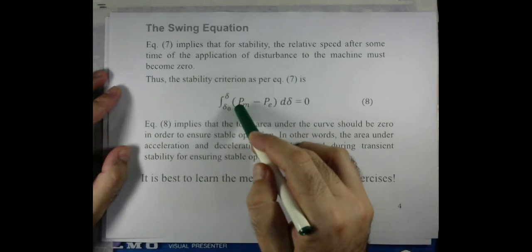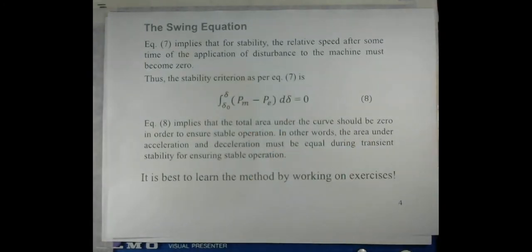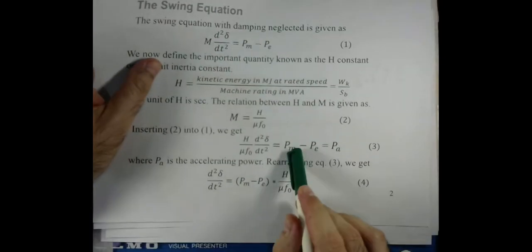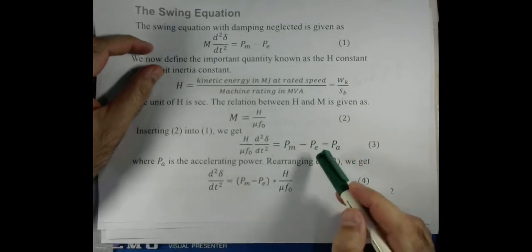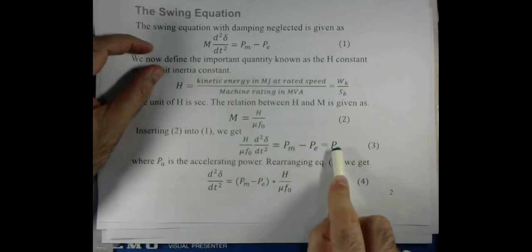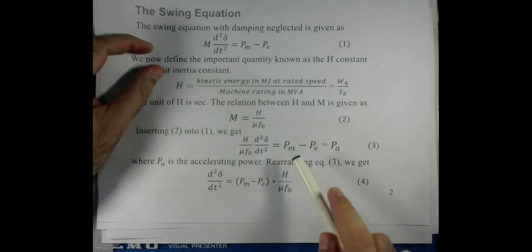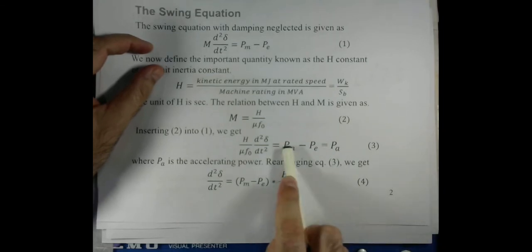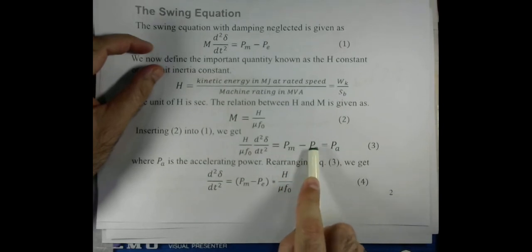Either we increase the mechanical power, that will lead to a change in the angle, as we have discussed. Or if there is a decrease in the electrical power, due to a fault, or a sudden decrease in the load, there will always be acceleration power. So either we consider an increase in mechanical input power, or we consider a decrease in the load, or we consider a fault. Under all those conditions, the difference of the two powers will not be zero. We will have dynamics in the system that will lead to a change in the angle.